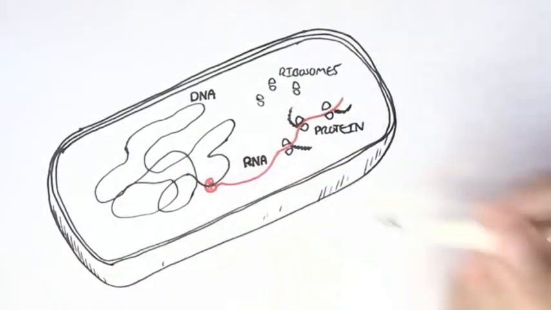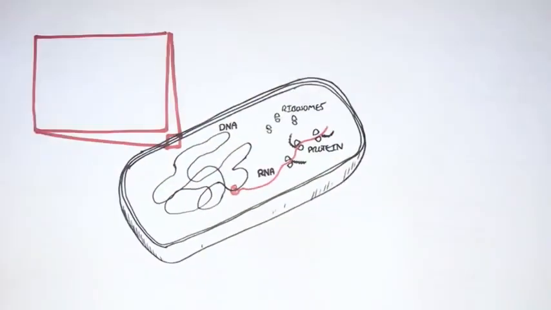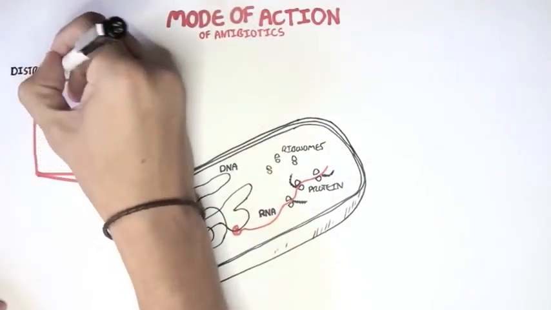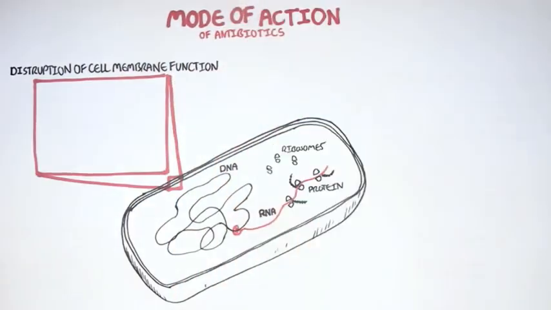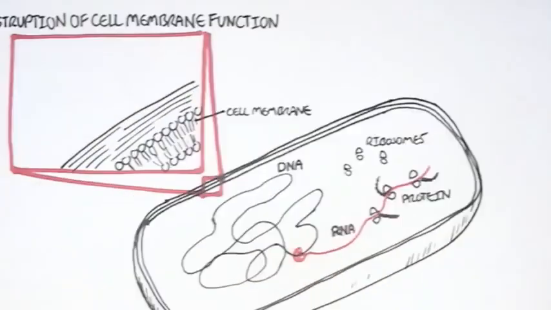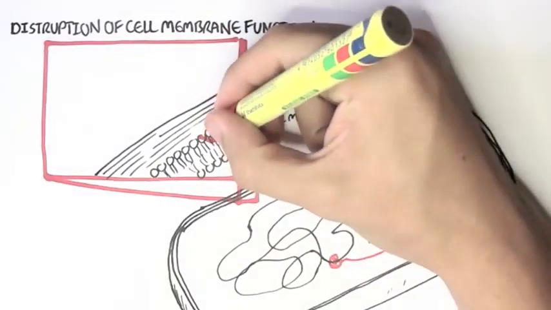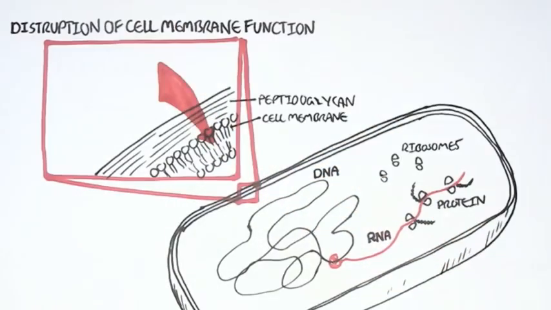The first type of antibiotic I want to talk about are the ones that target the cell membrane. These antibiotics will disrupt the cell membrane function, which means that they disrupt the phospholipid bilayer. Here is the cell membrane and here is the cell wall, known as a peptidoglycan. They are different. The antibiotic binds here to the cell membrane. It will alter the cell membrane structure and make it more permeable.